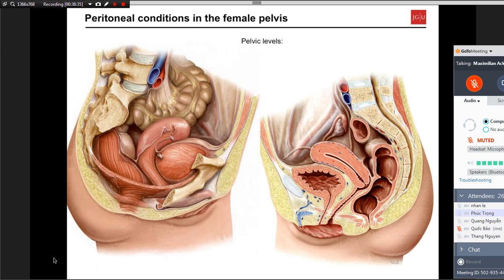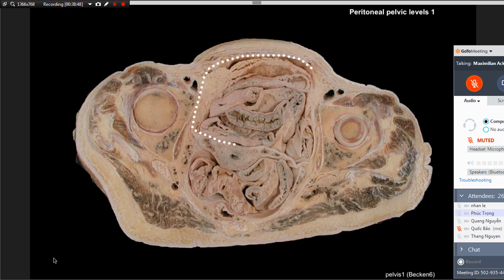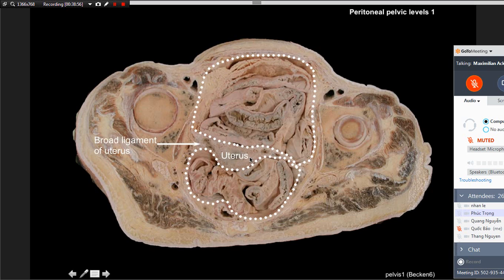So you see the height of the pelvis is also different, and it depends on these different levels of the spaces between females and males. Just between, you find, very deep, this is the uterus. And this is the broad ligament. So these are the parametria.